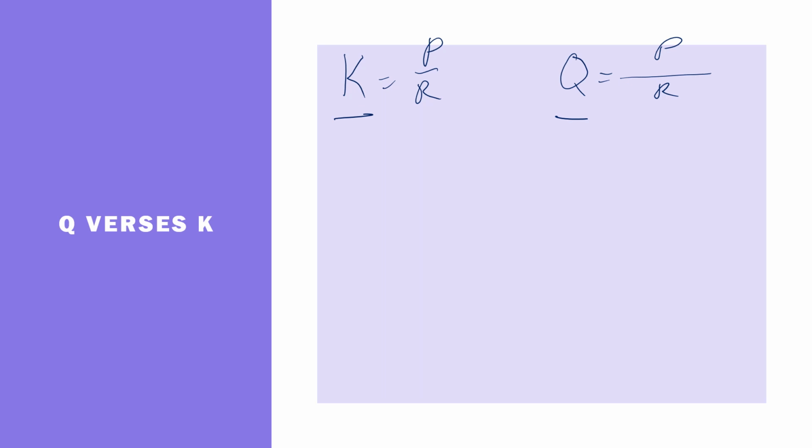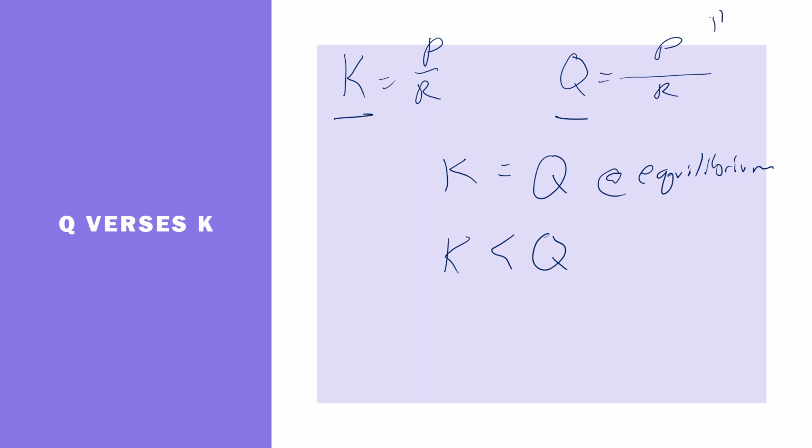So then you can compare K and Q. If you calculate Q and you find that it's equal to K, then it's at equilibrium. But if Q is greater than K, that means we have too many products, because products are on the top.